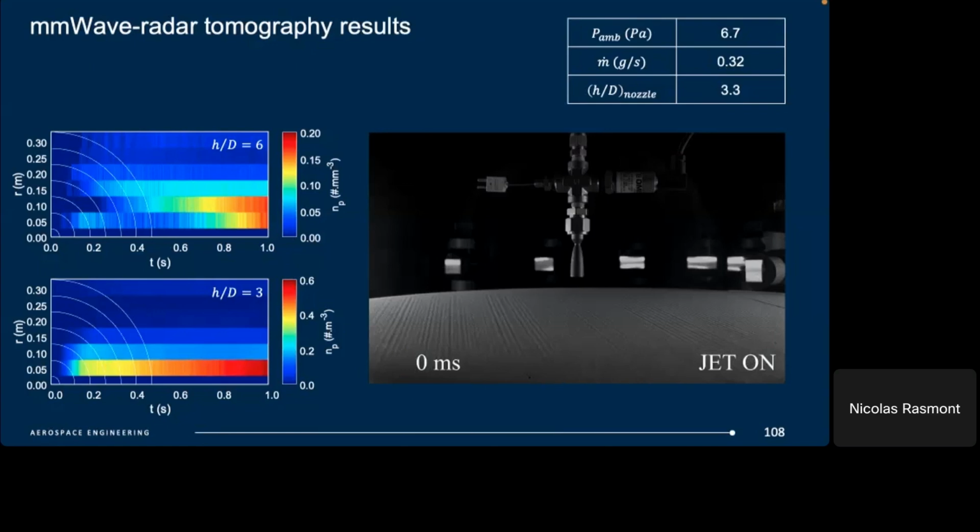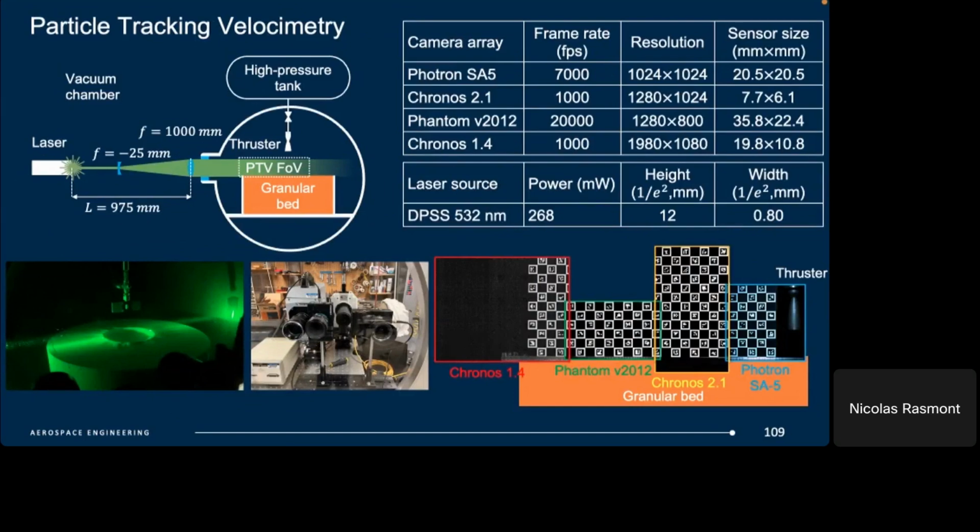So next slide, please. In order to complement those measurements of cloud concentrations, we wanted to measure the velocity of the particles. To do this, we use a PTV setup. We generate a laser sheet outside of the chamber, which we then beam through a viewport. The laser sheet is grazing the surface of the granular bed, and this vertical sheet goes directly underneath the axis of the nozzle.